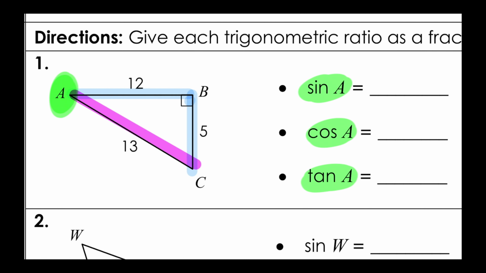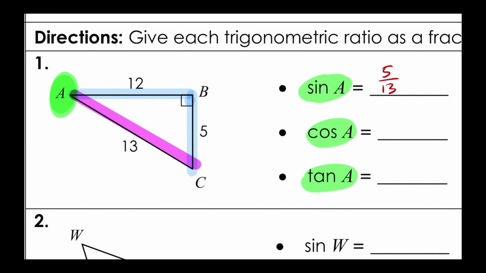Because when I say opposite, I'm meaning opposite from that angle, because that's the angle we're focused on, 5. So that means 5 goes up here. And then what's the hypotenuse? 13. That's it. 5 over 13. You're done. Sine of A equals 5 over 13. It's that easy. It's just a fraction.